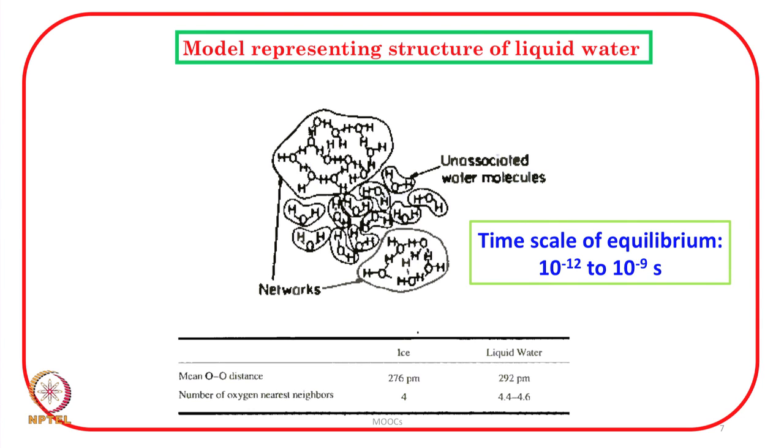So, therefore, when we add any solute to water, let us say if we add salt to water, the salt will affect the structure of water, because you dissolve sodium chloride in water, sodium chloride will dissociate into sodium ions and chloride ions, and sodium ions will affect the structure of water.